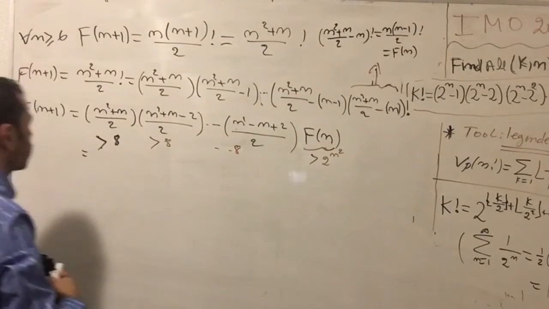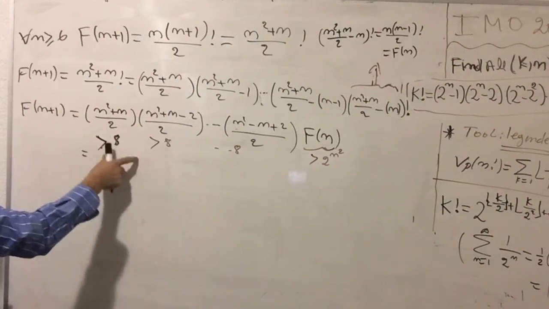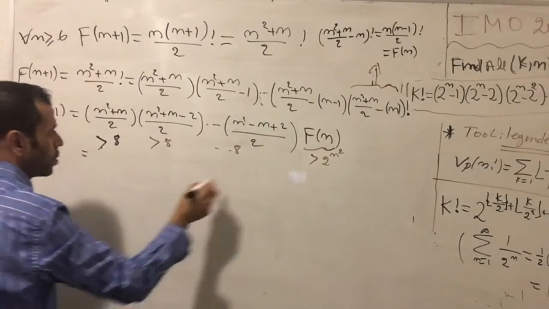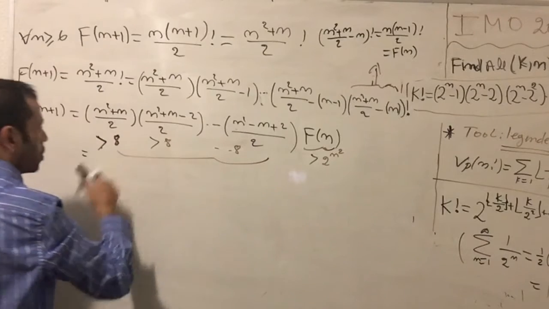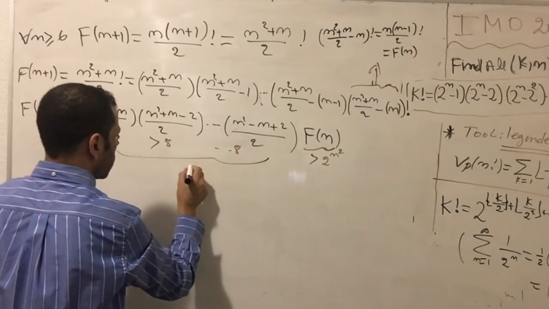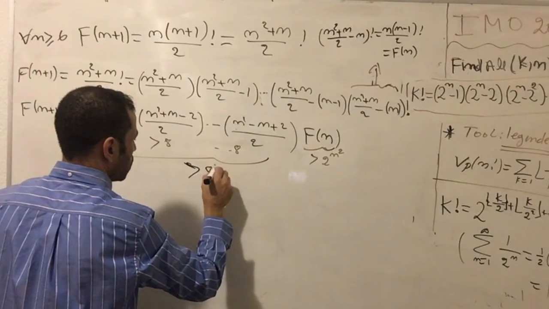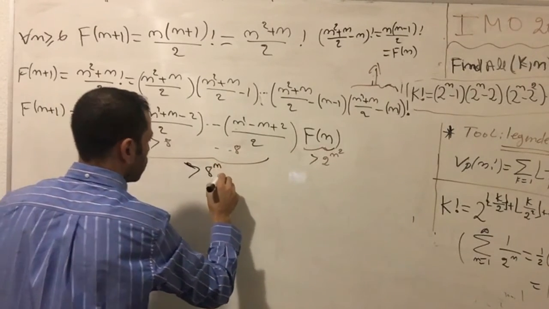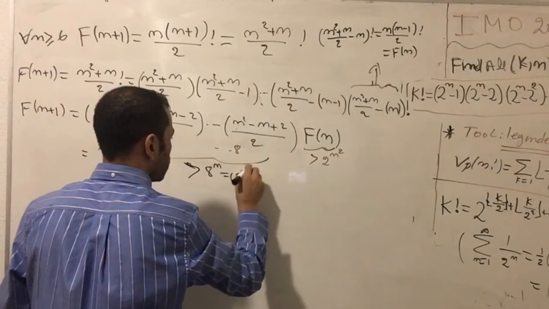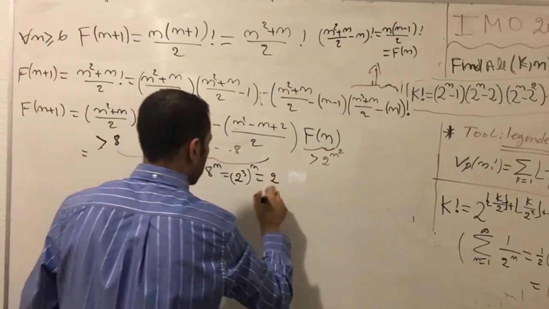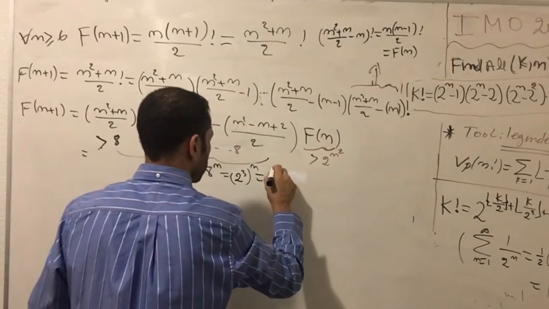It's easy to check. All of them are bigger than 8 to the n, equal to 2 to the 3n, which is bigger than 2 to the 3n.